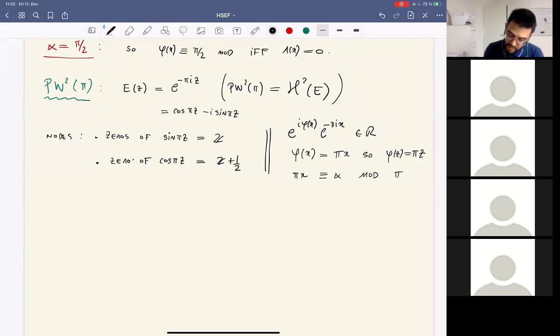So these would be the points k plus alpha over pi, for instance. So if you vary alpha, you get all the integer translations, because alpha could be anything between 0 and pi over 2, basically, or even between 0 and pi, but if you go the other way, you get the same thing. So this would get you any translation of the integers.